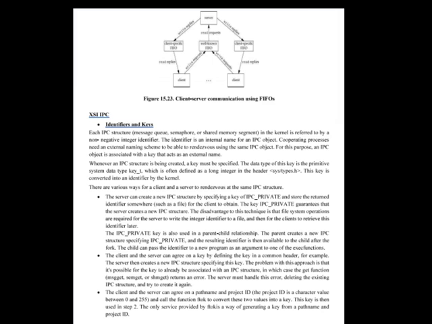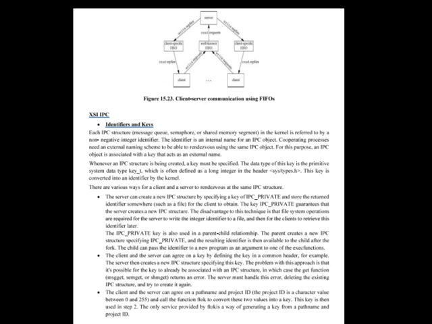The problem with this approach is that it's possible for the key to already be associated with an IPC structure, in which case the get function returns an error. The server must handle this error, deleting an existing IPC structure and trying to create it again.